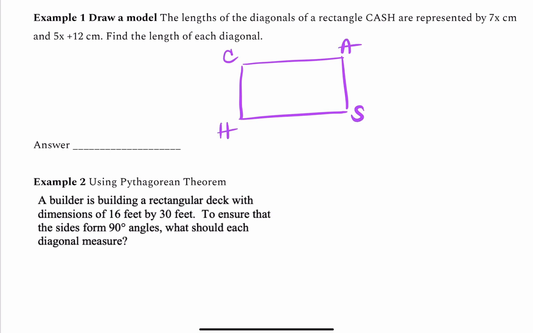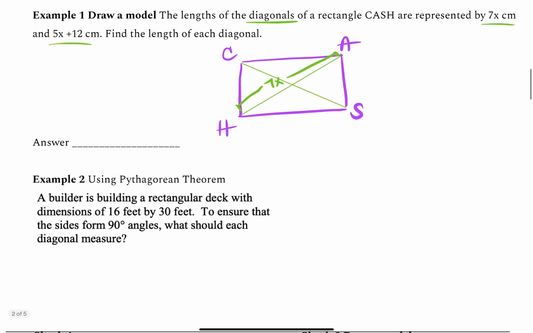Don't jump the diagonal. You have to hit all the bases, just like baseball. And it's talking about the diagonals. I'm going to draw our handy brackets. So this is 7x, and the bottom here is 5x plus 12.